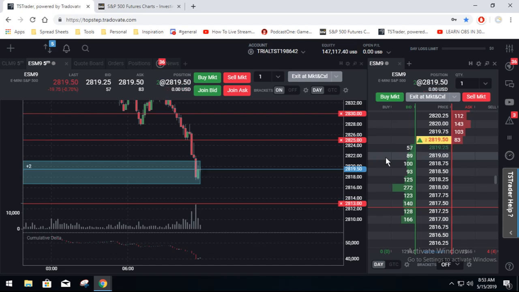We have a reasonable volume at 18 so far, at least from what we see in here.